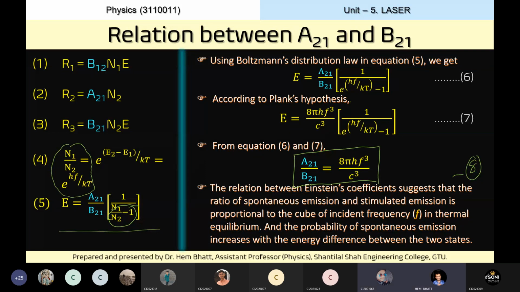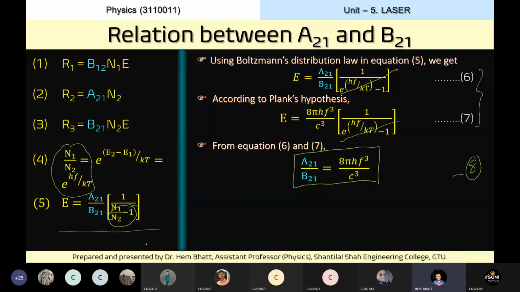See, compare 6 and 7. તો 8 આવે ત્યાં સુધી સમજાણું. If you compare 6 and 7, આ બે તો ઉડી જશે. Yes or no? યસ સર.